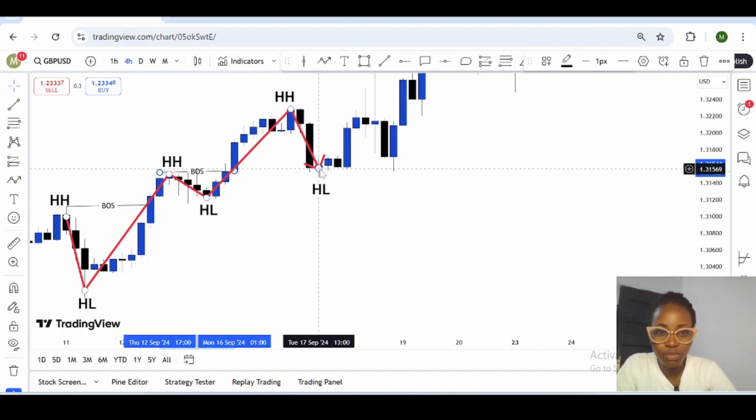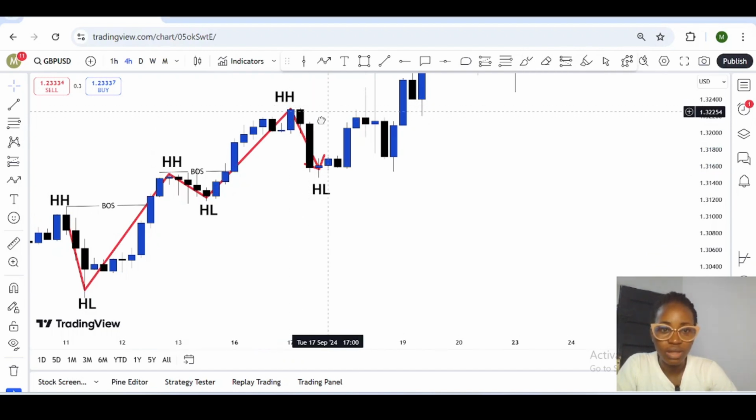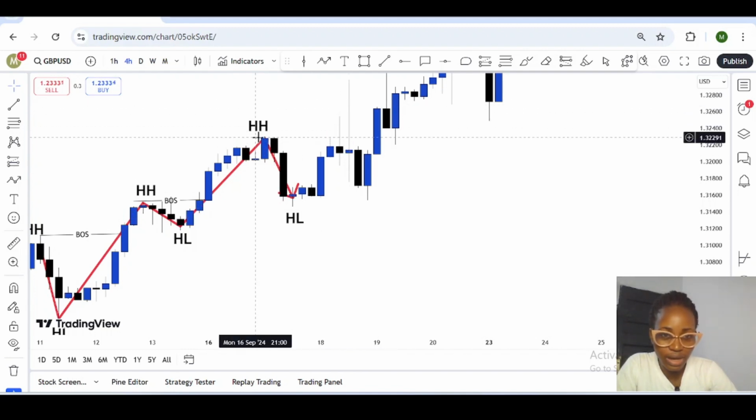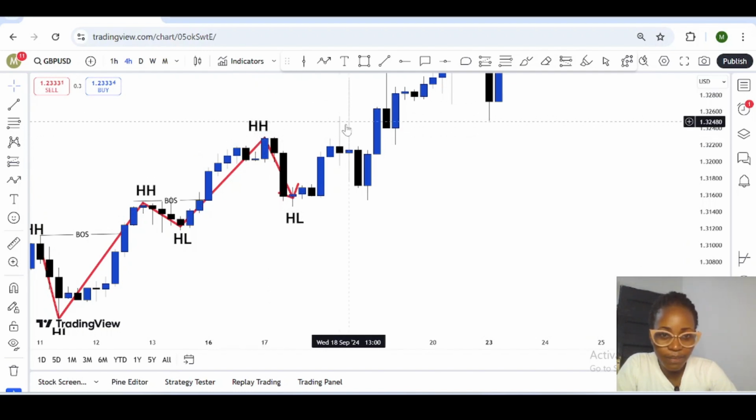We are expecting this push here, this continuation leg, to push out of this recent higher high here. Okay, let's push this down. So from here, we want to see the next push that will break out of this higher high here. You can see here, this one actually broke out of this higher high, but it came back down.